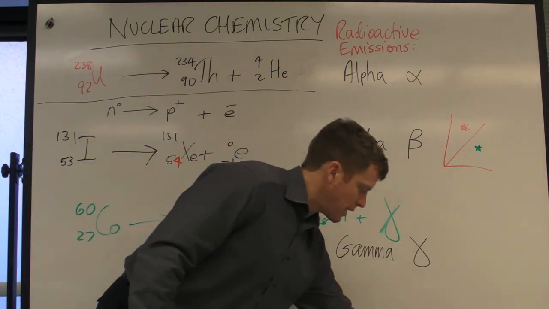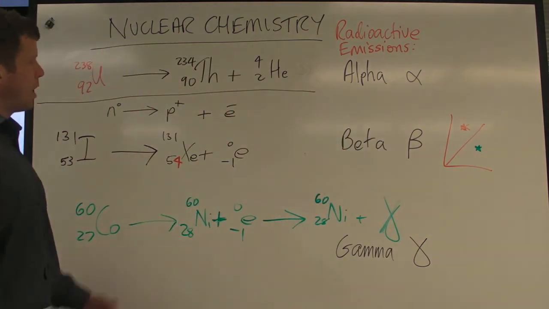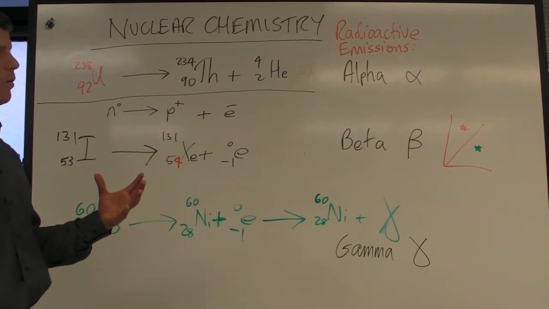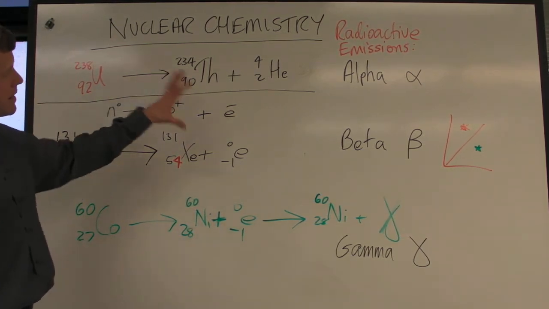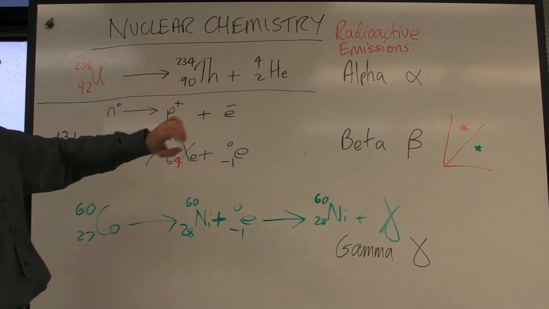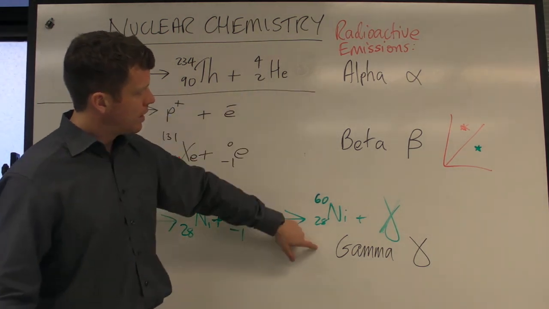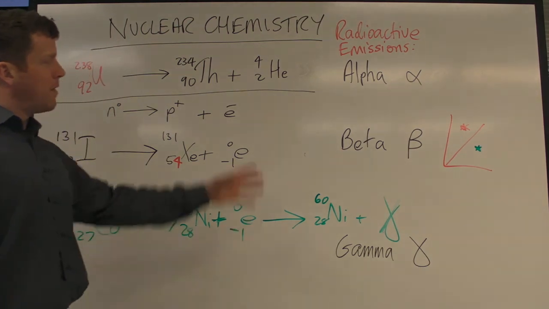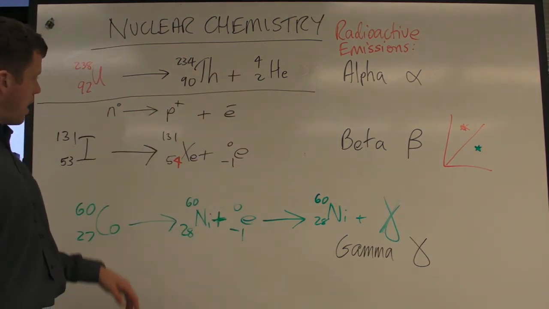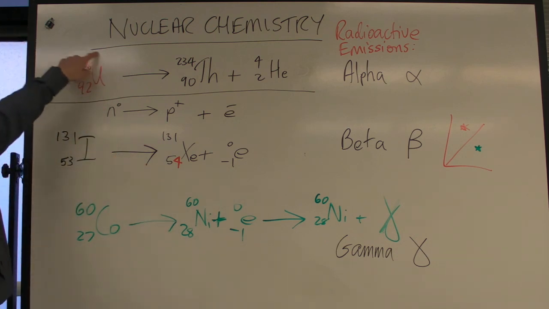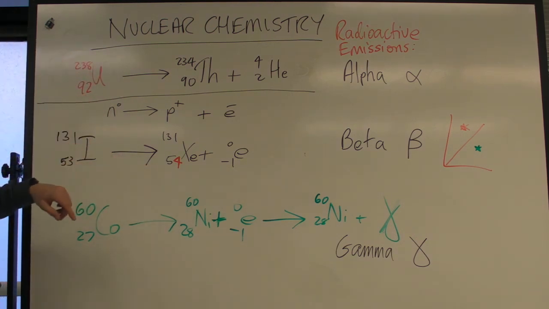Okay, so in the next video we'll talk a bit more about nuclear chemistry and about the rate at which some substances decay. The big idea here is that there are three main types of radiation emitted, and this happens because elements are unstable. It could be a radioactive substance, like all uranium is radioactive.